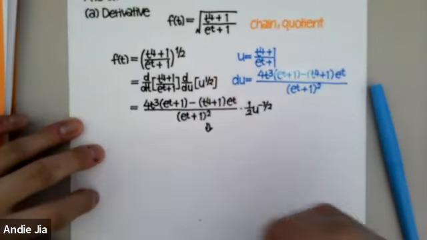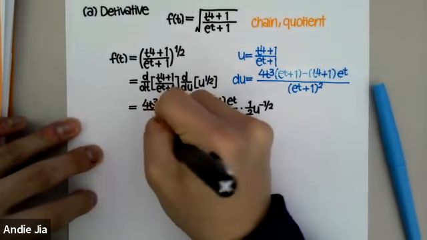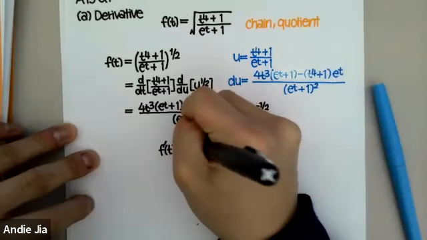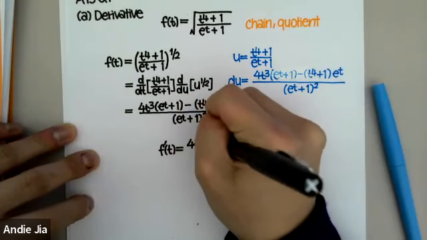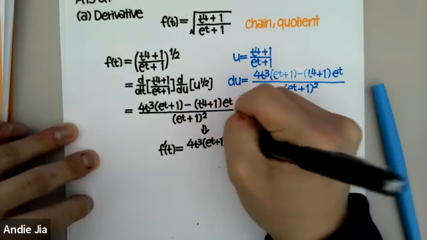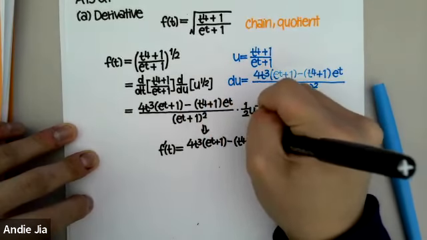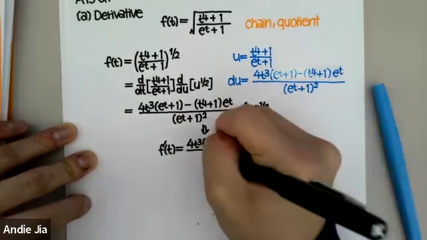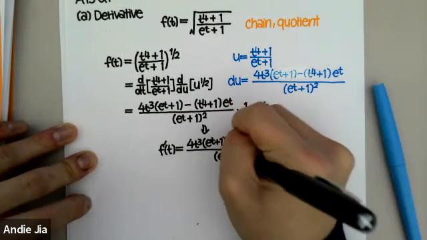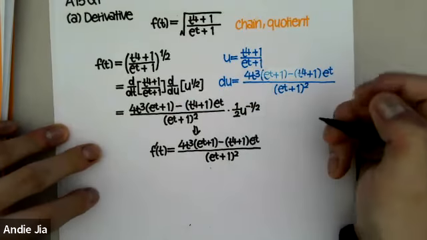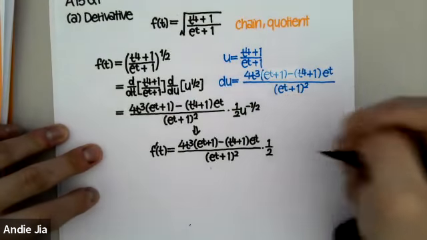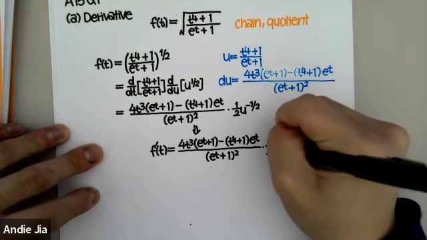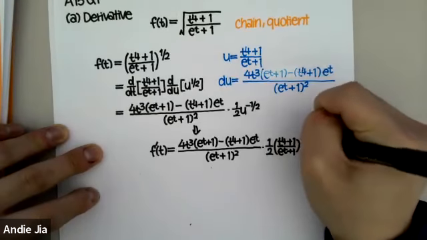Then the final expression, that is f prime of t, it is 4t cubed e to the t plus 1 minus (t to the 4 plus 1) e to the t over (e to the t plus 1) squared, and then times 1/2 times (t to the 4 plus 1 over e to the t plus 1) to the negative 1/2.